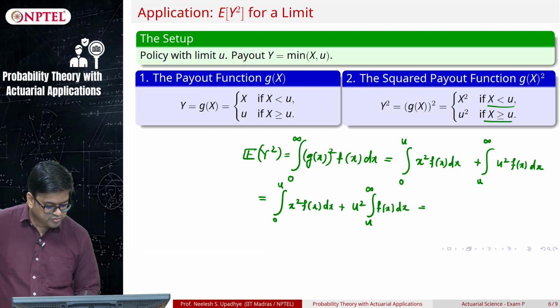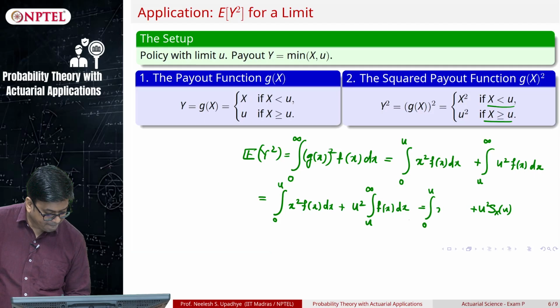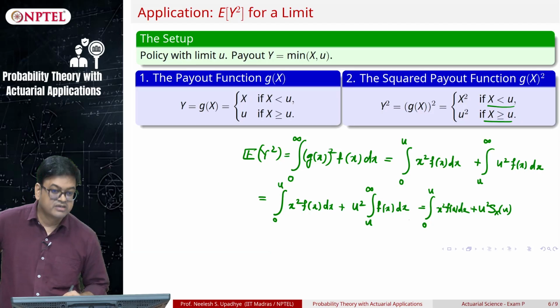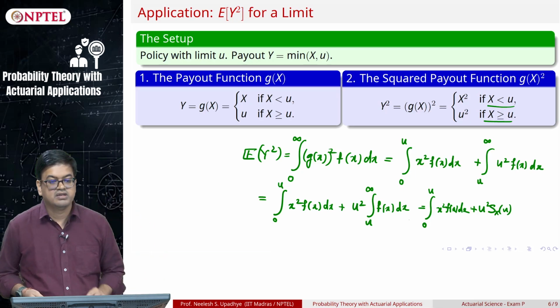So, instead of u minus d, we have u squared. So, we can easily see this particular thing which is within the integral and the integral itself as survivor function S_X(u) multiplied with u squared, the other part will continue to be there, correct. So, this is our formula for second moment of limited loss.